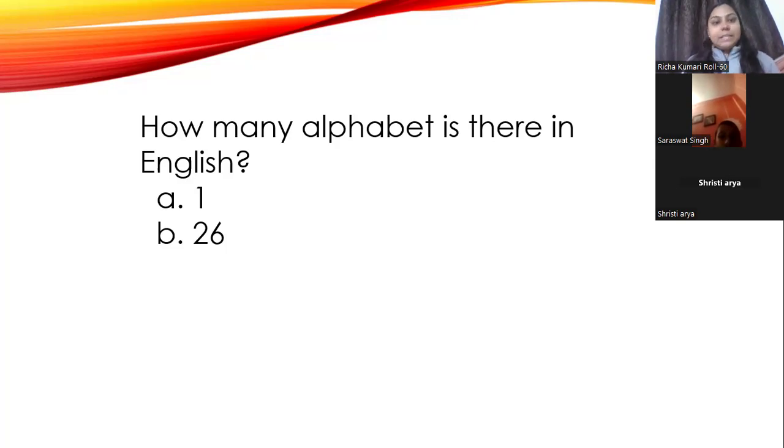How many alphabet is there in English? Ma'am, Shashwat, you know the answer. Okay, fine. Shashwat. Let us give chance to Srishti today. Srishti, how many alphabet is there in English? 26.